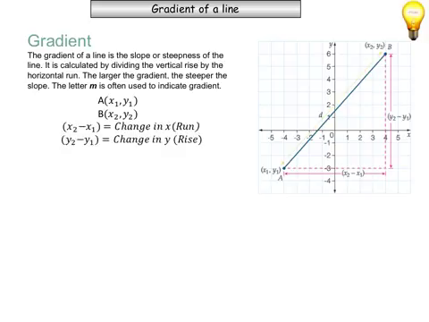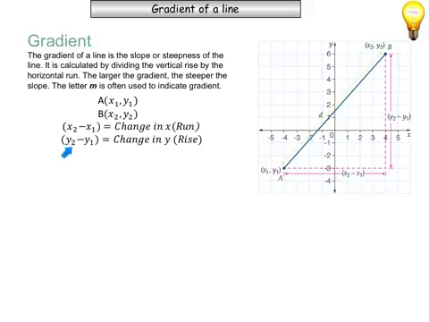And like we said, the things that we needed to do was to find the change in x, which is our run, and the change in y, which is our rise. And we know that the change in x is x2 minus x1, which is shown here. We've done this before when we found the distance between 2 points.